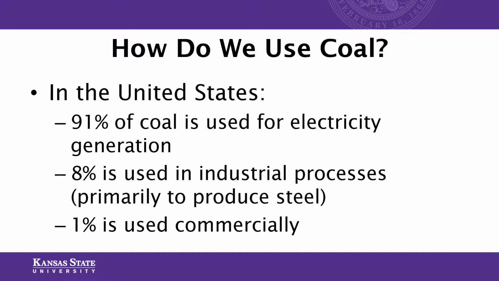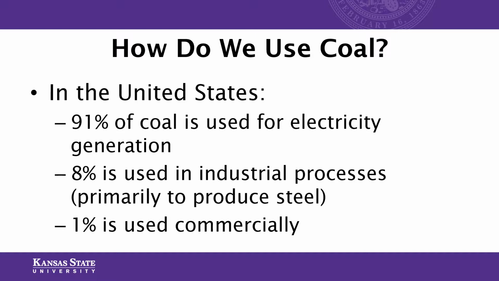There's then, of course, the remaining about 9% of coal, and what do we do with that? Well, about 8% of it is used in industry. There's coal and coal byproducts. It can be used in the concrete industry. Paper industries use coal. The steel industry, actually, though, is what uses a lot of this 8% indirectly.